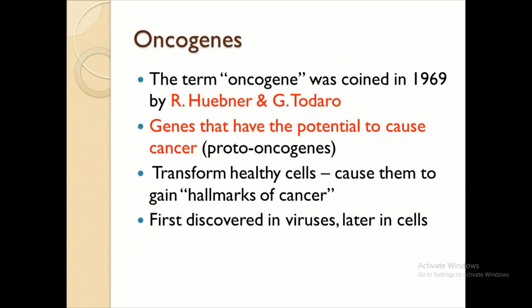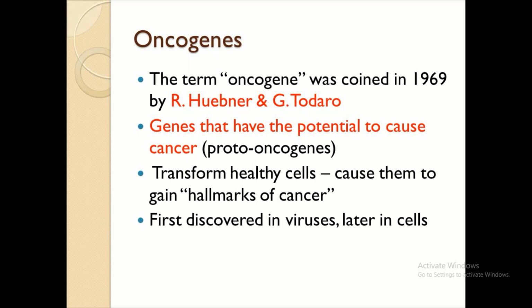First we will see in detail about oncogenes. The term oncogene was coined in the year 1969 by Huebner and Todaro. These genes have the potential to induce cancer, which is why they are called proto-oncogenes.